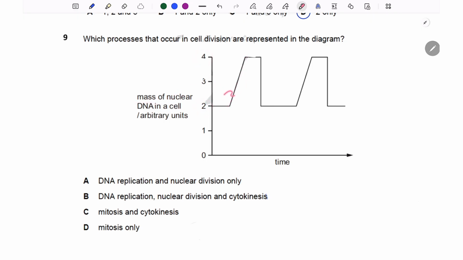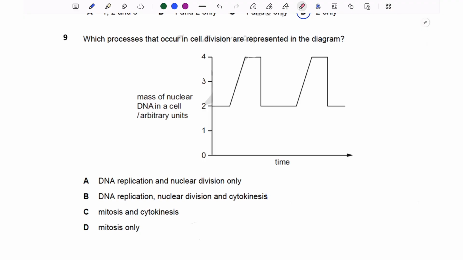So this is your DNA replication, where the DNA doubles in mass. And then this is likely to be your G2 or early mitosis. And this is a nuclear division because the mass per nucleus is going to become half.